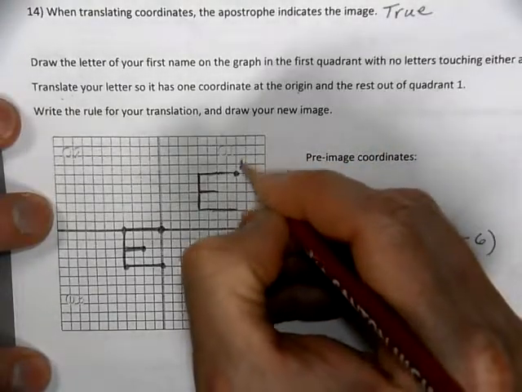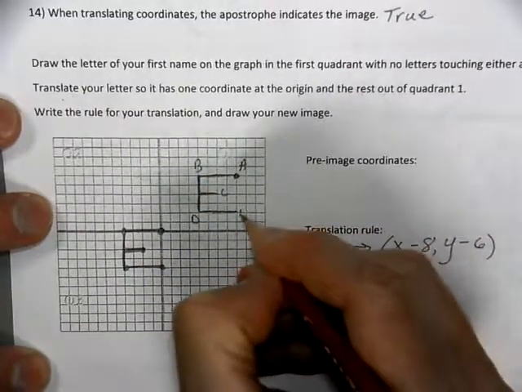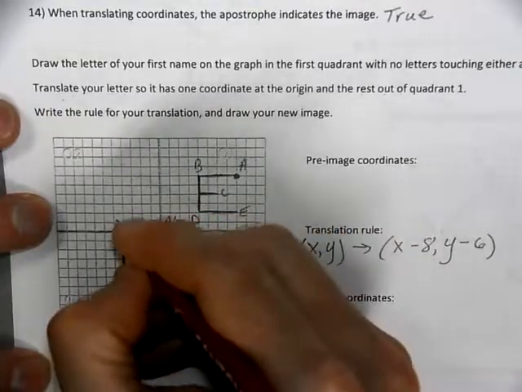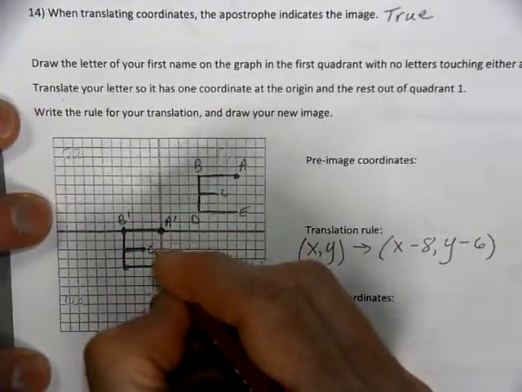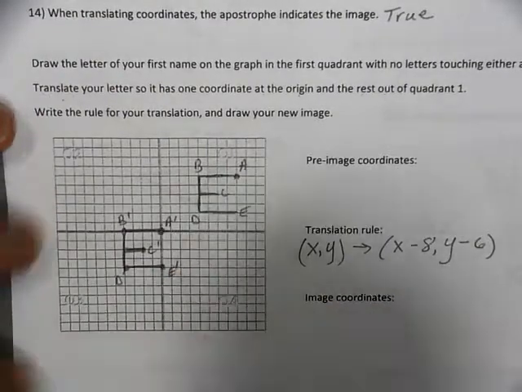If we called this A and B and C and D and E, this would be A prime, B prime, C prime, D prime, and E prime.